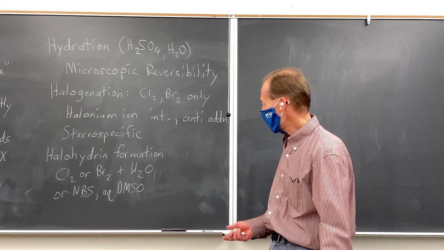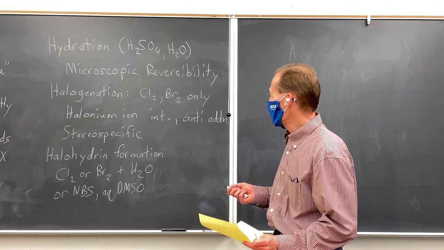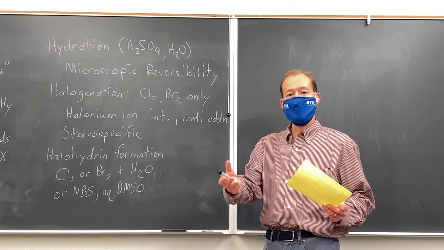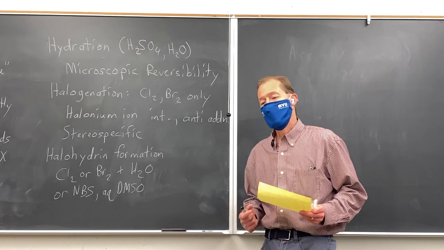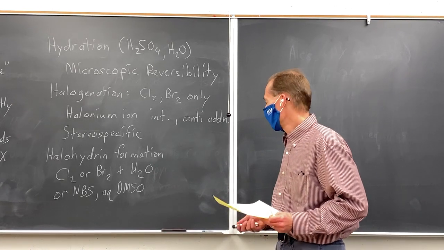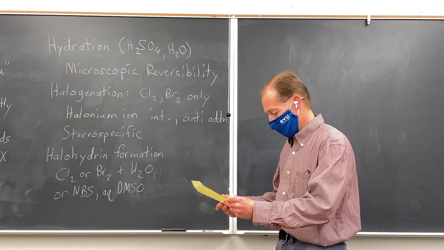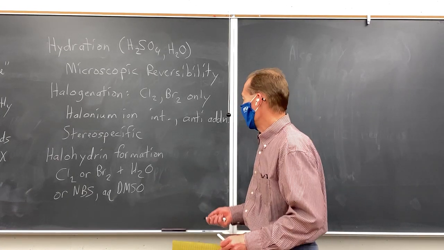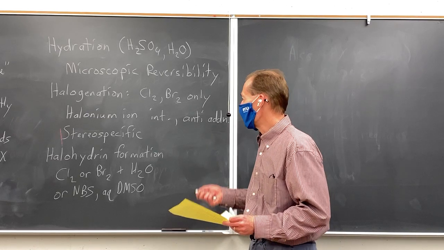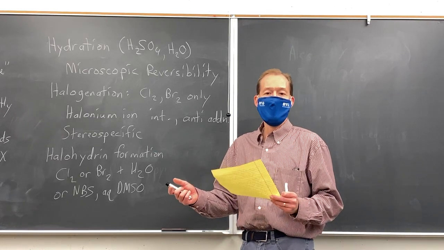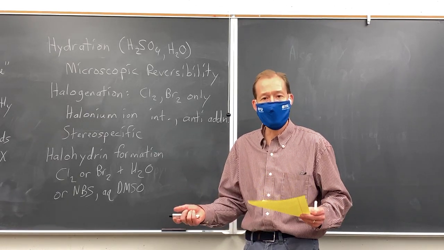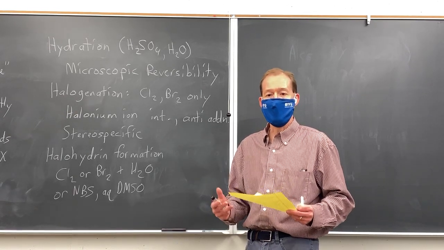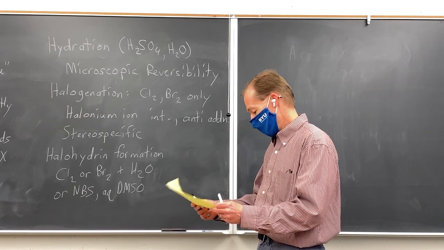Okay, so almost the same mechanism as halogenation. We do have a third step. We have to deprotonate the oxygen at the end of the reaction using another equivalent of water in this case. A key issue for halohydrin formation that does not appear in halogenation: since we're adding two different groups to the alkene, we need to know which one will end up on the more substituted carbon and which one ends up on the less substituted carbon.